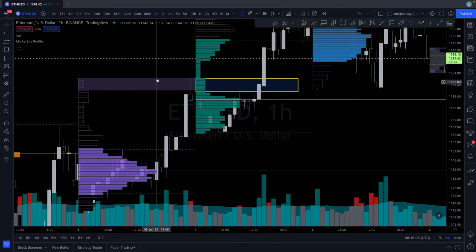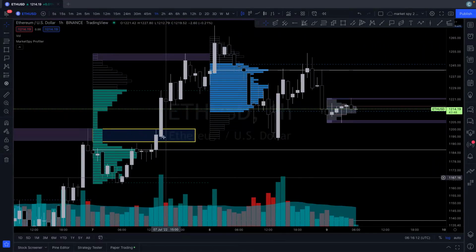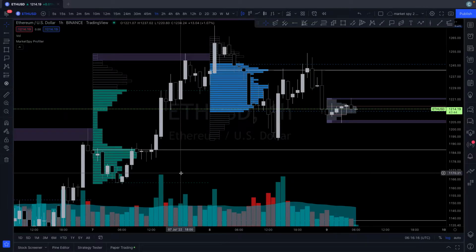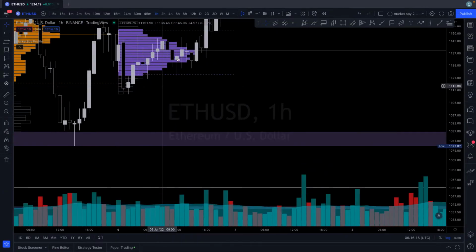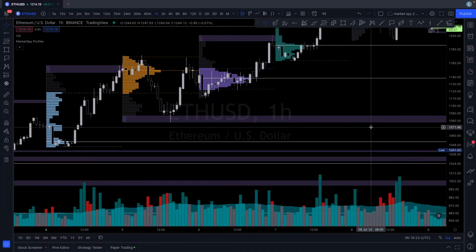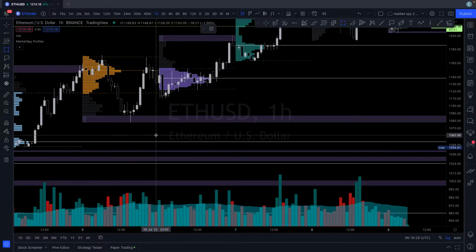Volume has to come in to get through these zones or you will be rejecting. Same to the downside. When you have a buy tail to the downside, like we have right here on Ethereum, price is not going to chop through this. Price is going to have to come down and blow through it with authority.